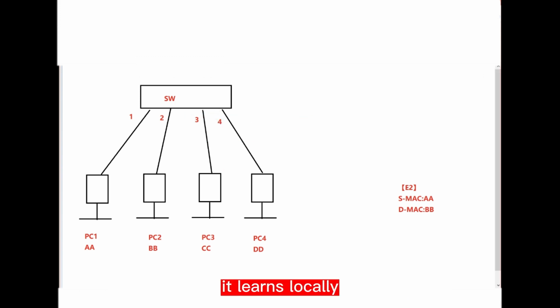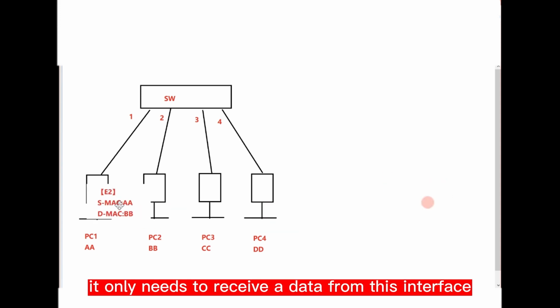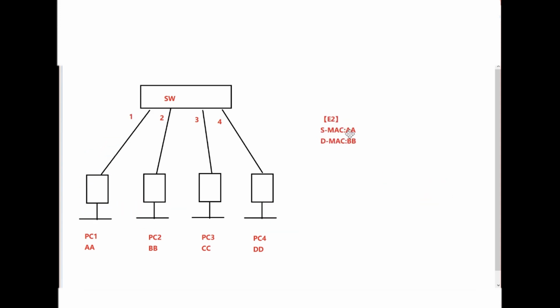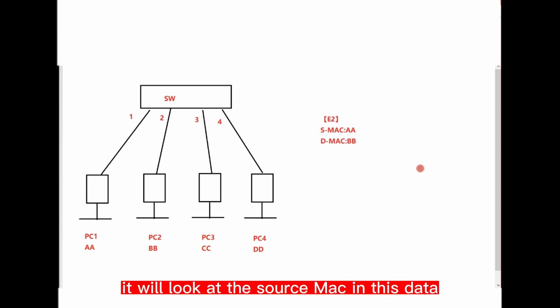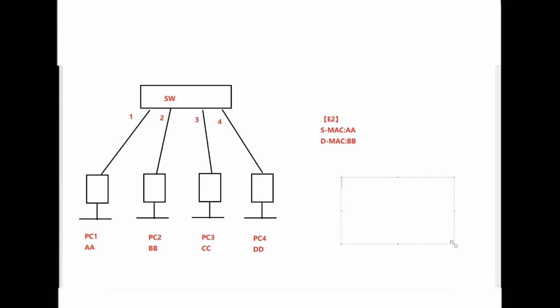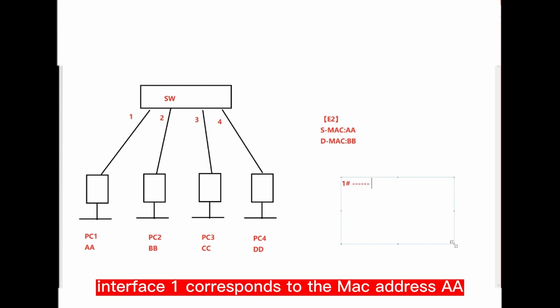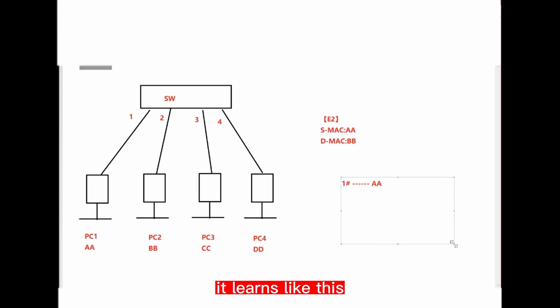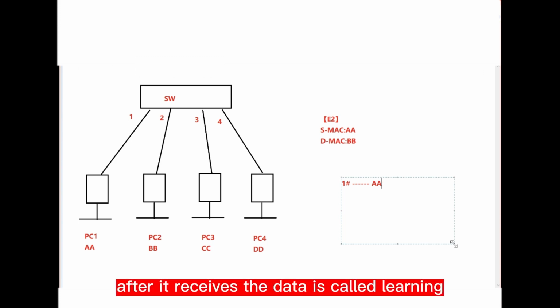It learns locally. It only needs to receive data from this interface. It will look at the source MAC in this data and record it in the local MAC address table. So it will now record that interface 1 corresponds to the MAC address AA. It learns like this. The first behavior after it receives the data is called learning.